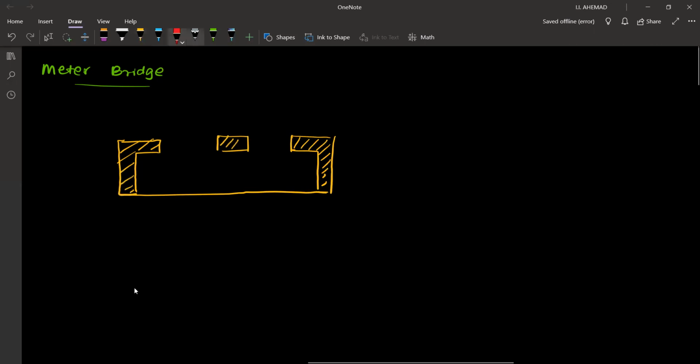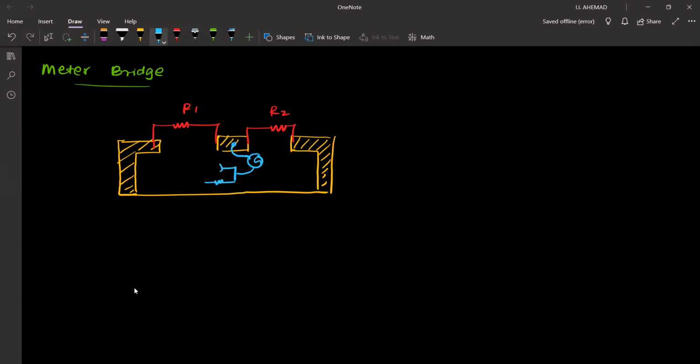And here we connect two resistors that we want to compare, R1 and R2. And here, in between, we connect a galvanometer. To this galvanometer, again, we have a high resistance and a switch to protect it.